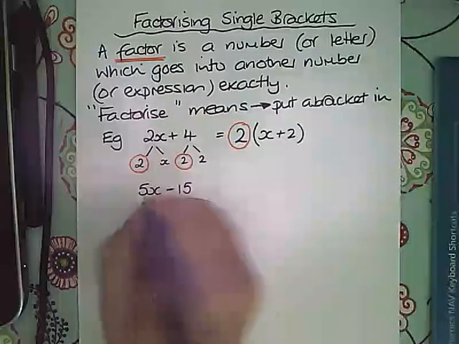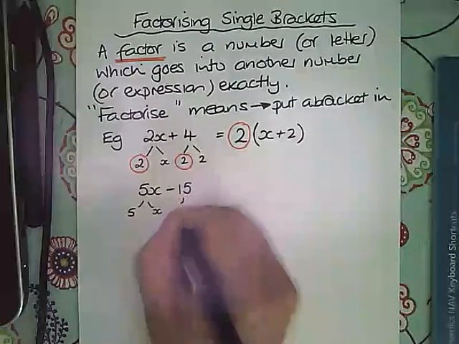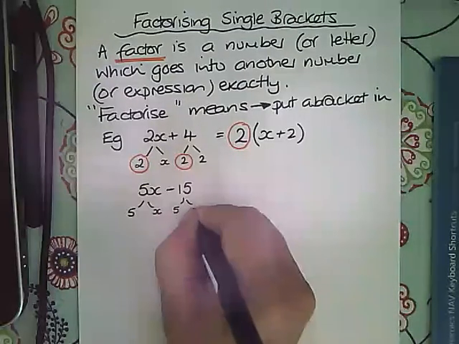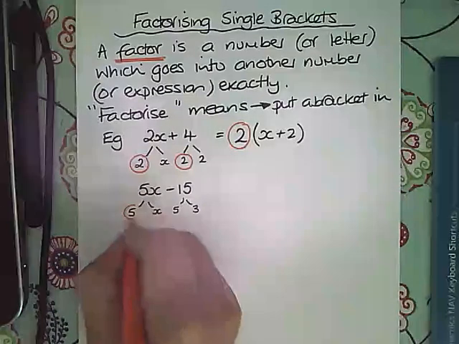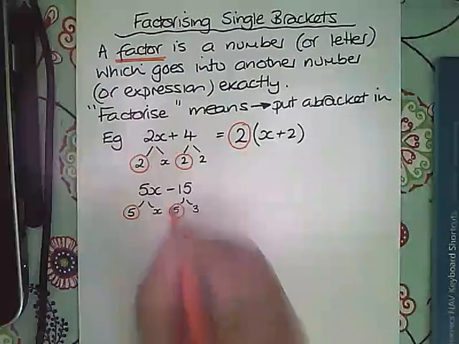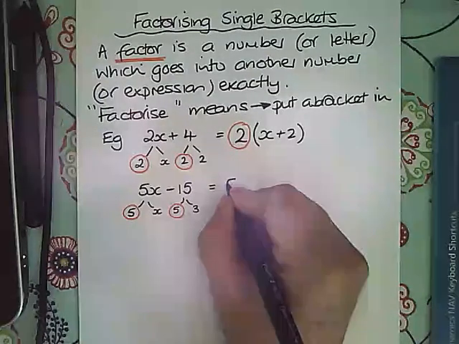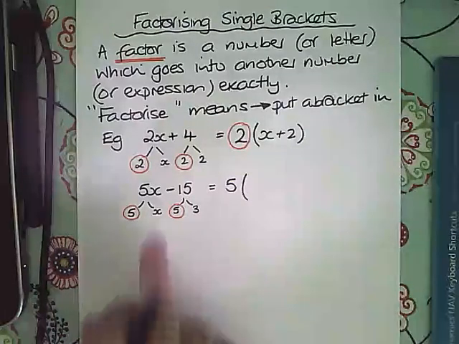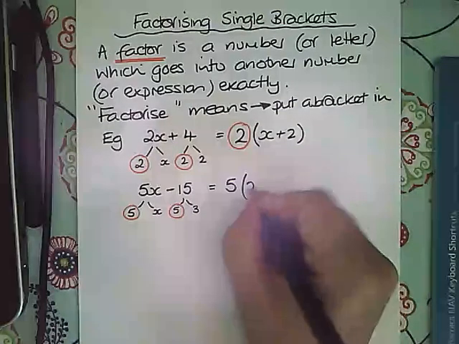The factor tree for 5x would be 5 times x, and here 5 times 3. 5 is in both of these, so it is the 5 that is going to go on the outside of the bracket. And inside the bracket we have the x and the 3, and they're being subtracted this time, so x minus 3.